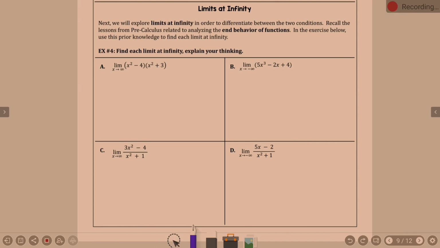So x to the 4th means this is going to be some type of quartic polynomial, and quartic polynomials are like parabolas. They go the same direction. Anything that's even goes the same direction. This is positive, so whether it's like an up like this or a W type shape, it's going to have that type of end behavior.